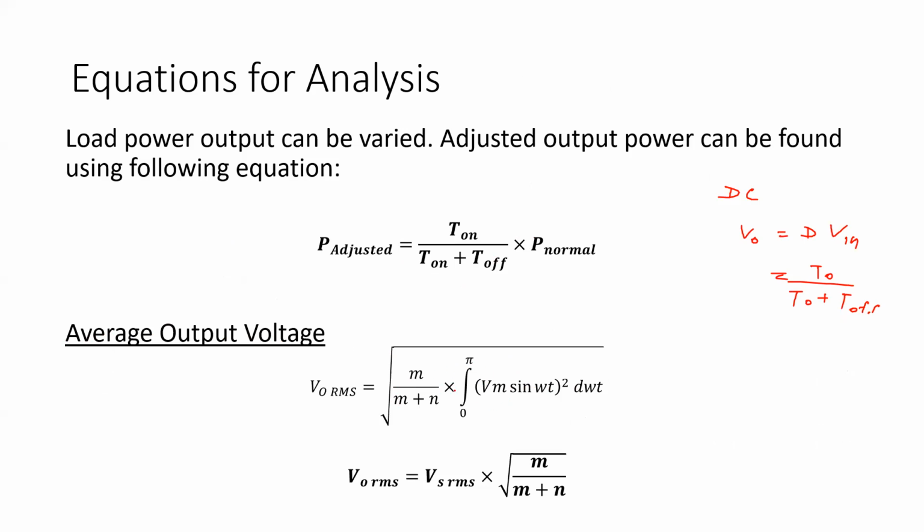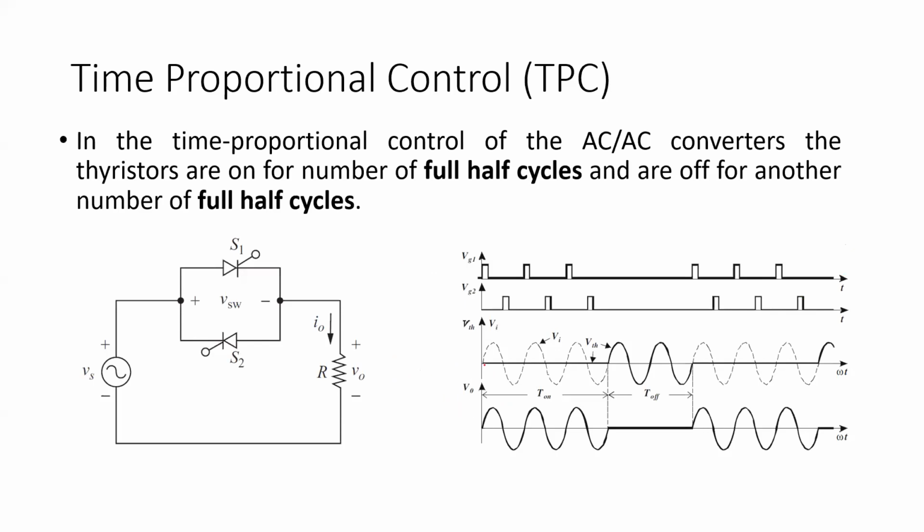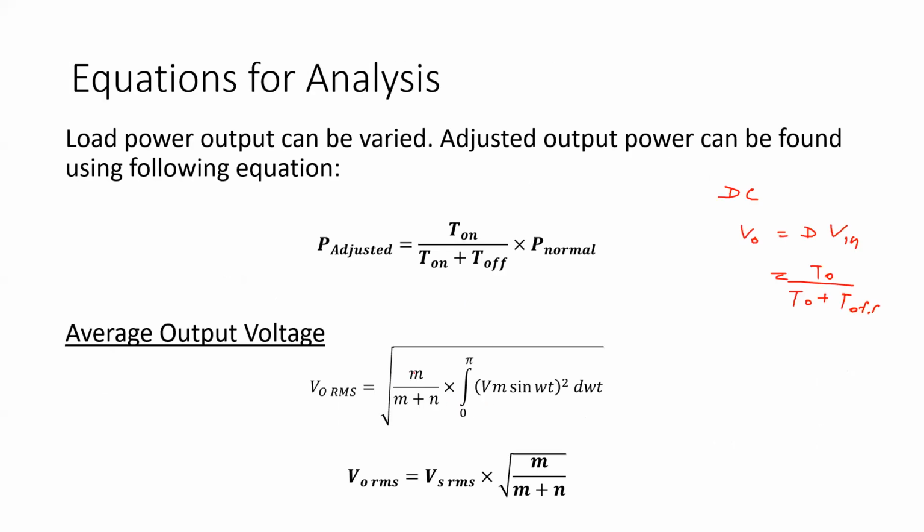What we do is we calculate the RMS value for a single cycle. Then we take how many cycles we have as on, and how many total cycles. So that's how we get V out RMS. So this is a basic equation. You need not remember the derivation. You can just directly use it.